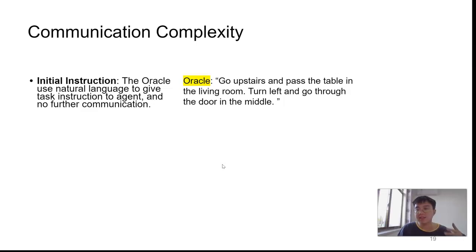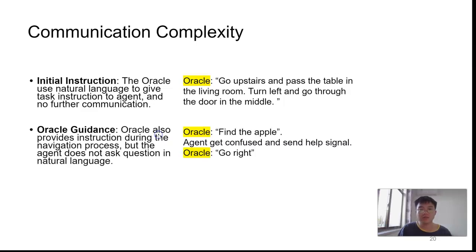Here we give some detailed explanation and some examples. For the communication complexity, we have three levels. First, the initial instruction. It means the oracle will only give an initial instruction to the agent without further guidance during the navigation process.